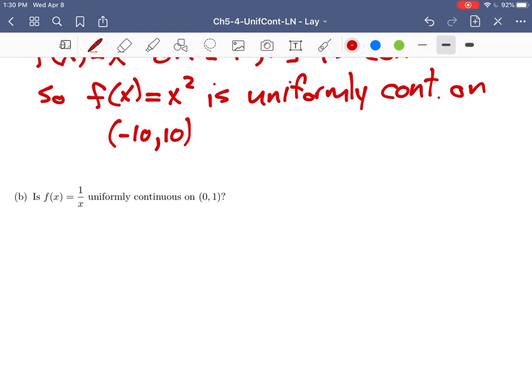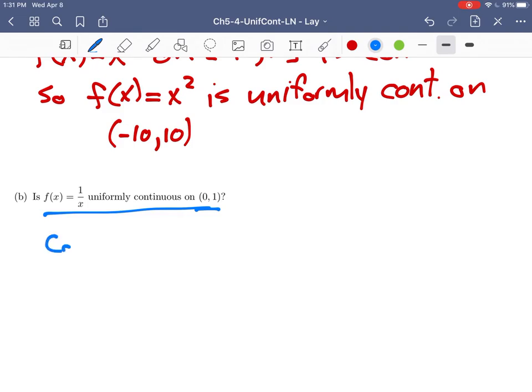A second example that we have here is if f of x is 1 over x, is this thing uniformly continuous on the open interval from 0 to 1? Right, so is this uniformly continuous on 0 to 1?